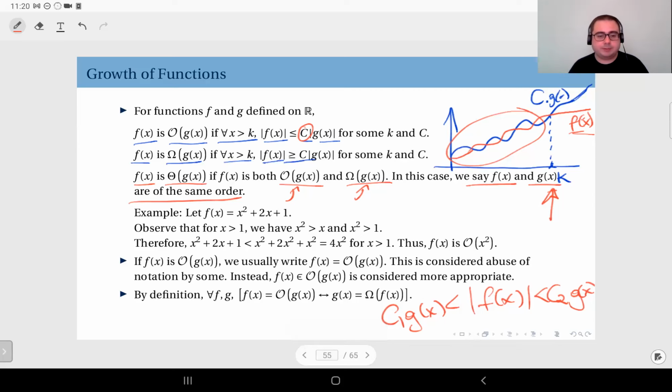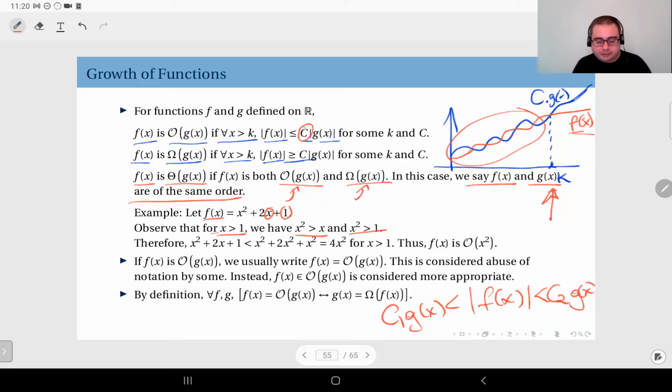Let's look at a simple example right away. Let's say f of x is x squared plus 2x plus 1. Now, when x exceeds 1, we know that x squared will be greater than x, and x squared is also going to be greater than 1. So if I replace this x by x squared and this 1 by x squared, my function will be definitely greater.